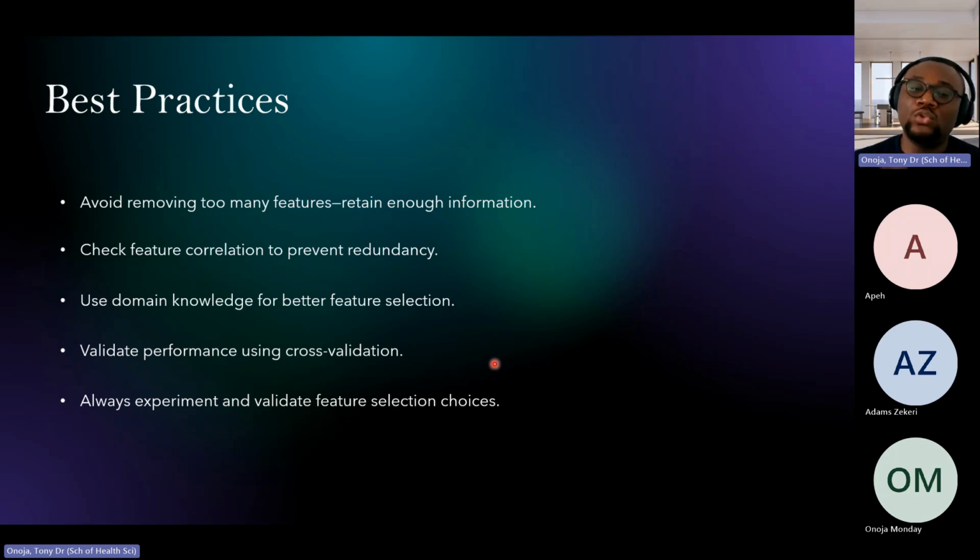So use domain knowledge for the feature selection, then validate the performance using cross validation. Like I told you earlier on, how I use the stratified fivefold approach. That way, I was able to see how consistent these features are across the folds. So you try to validate these features, and that way you could be very sure that the features I selected are actually the best features.